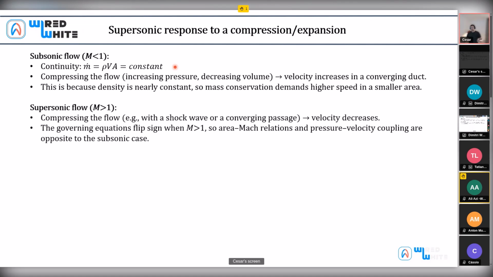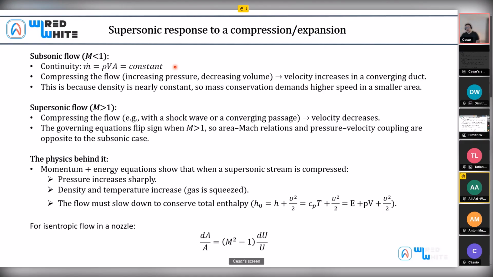However, this is not the case in supersonic flow because the governing equations flip the sign when Mach is higher than 1. What is the physics around it? Well, as I already explained before, through a shock the pressure increases sharply, and therefore also the temperature and the density, because the gas is squeezed.